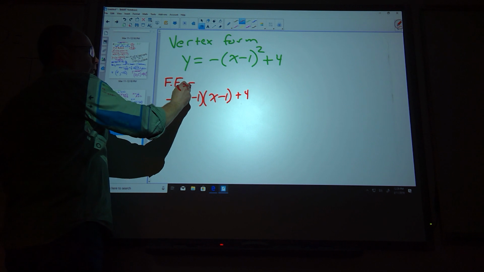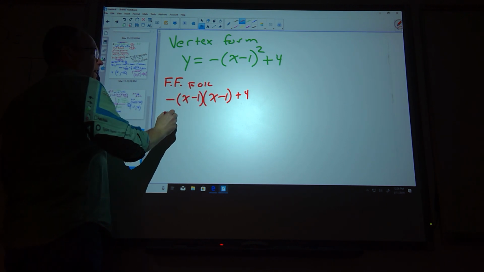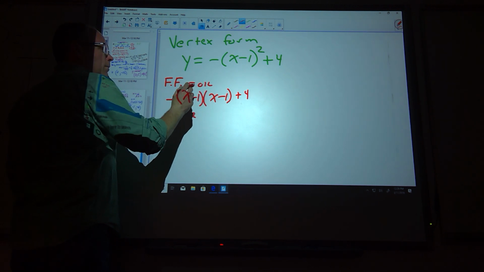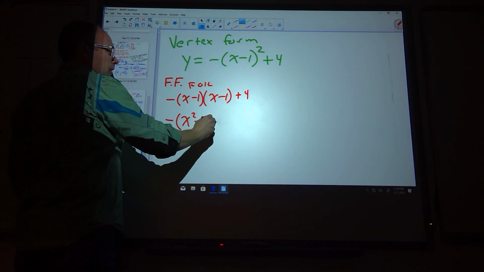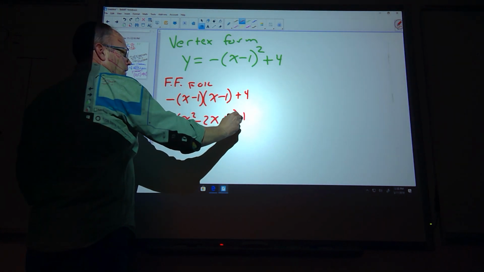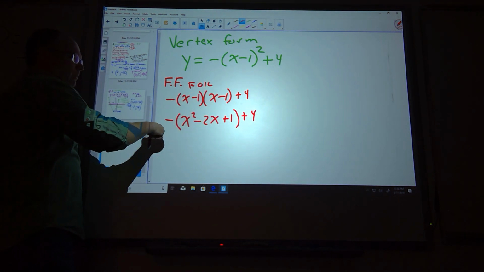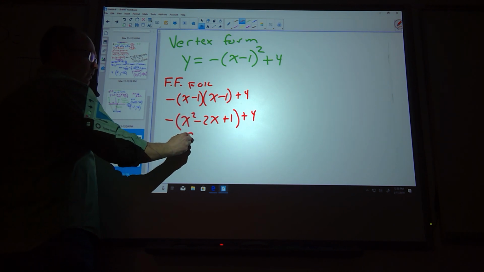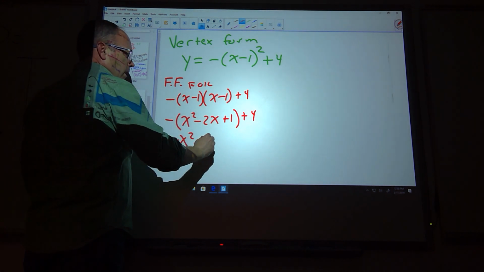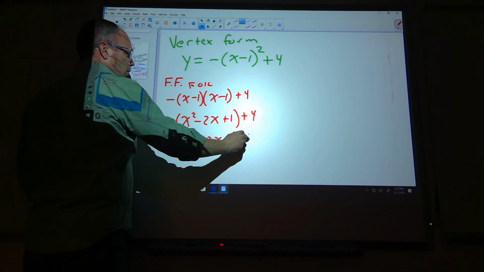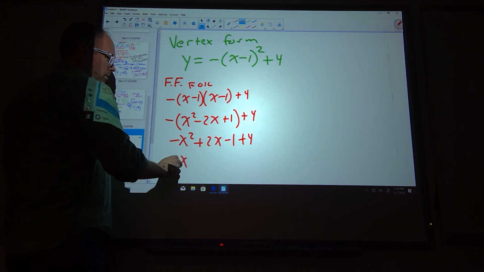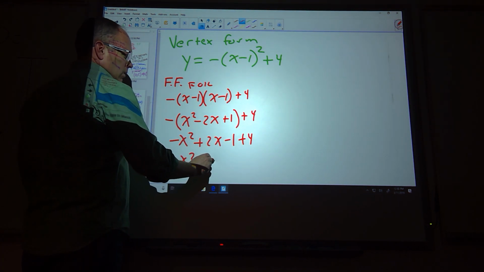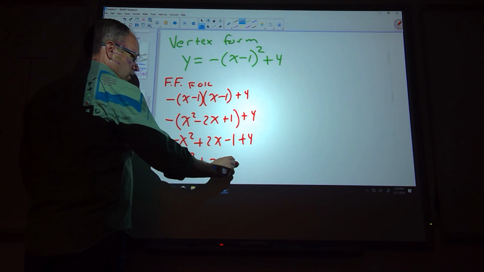So then I'm going to FOIL this part out. And I still have that negative there. So I have negative x squared minus 1x minus 1x is minus 2x plus 1 plus 4. Let's distribute that negative throughout here. Plus 2x minus 1 plus 4. Plus 2x plus 3.